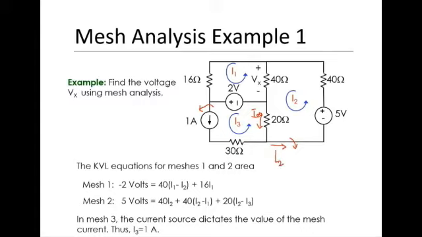Your 30 ohms has a current flowing through it defined by I3, since it's not adjacent to any mesh. Doing KCL at this node, I20 is actually equal to I2 minus I3.